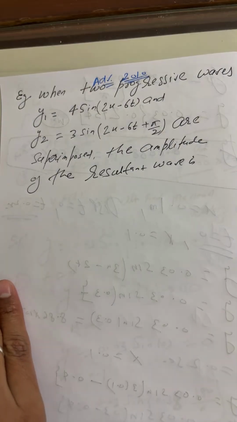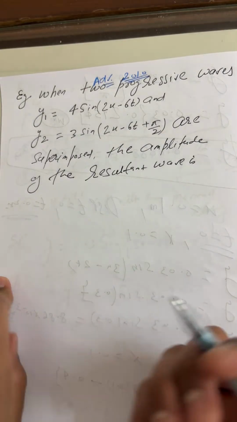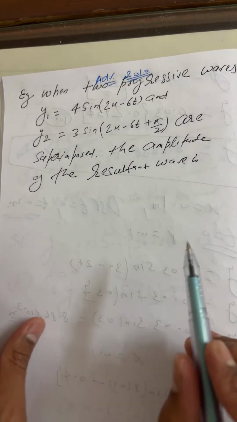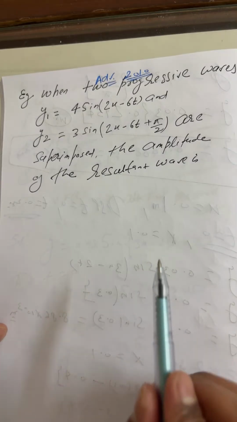It's a good question, student. You can first ask what is superimposition. Superimposition is the point where two waves are meeting each other.